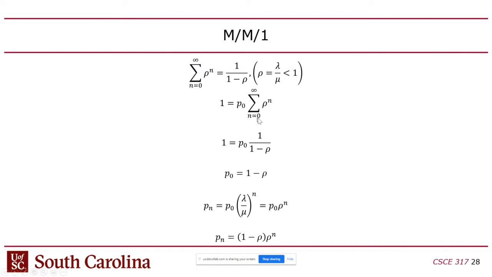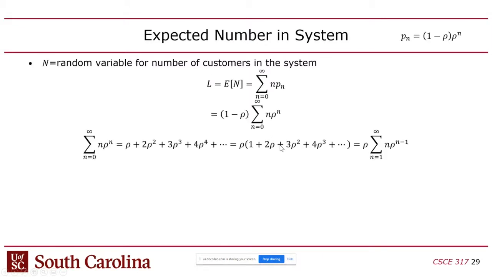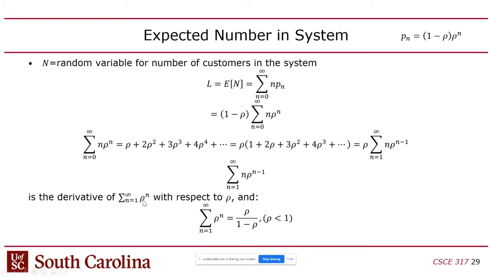So if you start n at 0, this summation is equivalent to 1 over 1 minus rho. But if you have this other summation that's very similar, except it starts at n equals 1, you get a similar thing, except a little bit different. It's rho over 1 minus rho. Again, this is just a mathematical thing. You can put numbers in here if you don't believe me. As long as rho is between 0 and 1, this will hold.